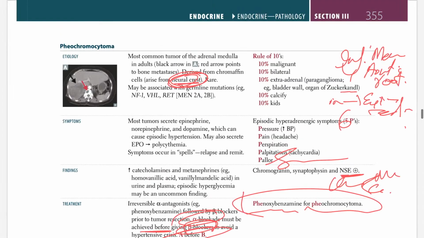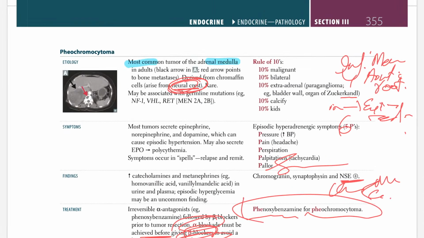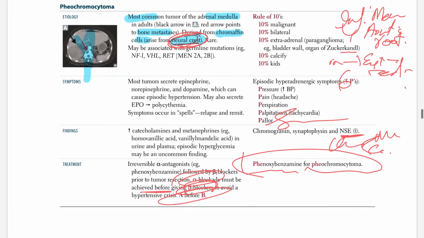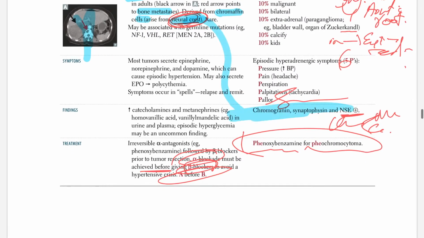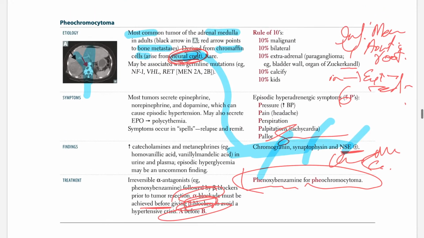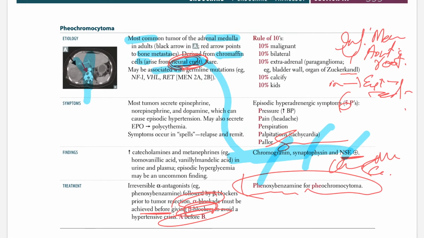Pheochromocytoma is the most common tumor of the adrenal medulla. It causes bone mets, high yield. Okay, it is derived from chromaffin cells from the neural crest. Because it's neural crest, it's going to be chromogranin positive, synaptophysin and NSE positive. It is associated with a lot of things, for example, high yield is RET mutation, VHL.